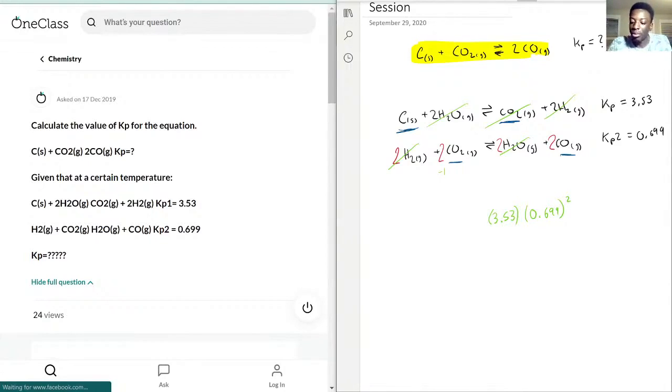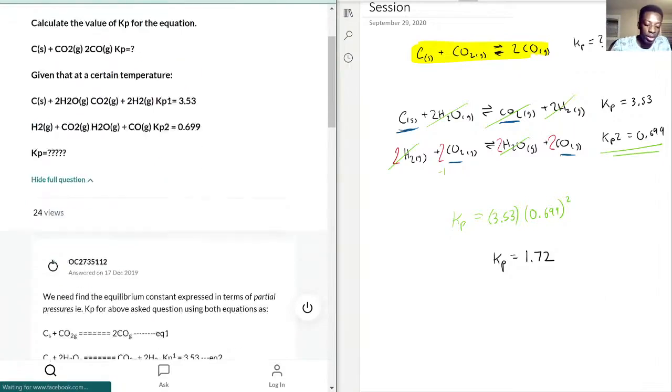So I hope you're following, because first we balanced out the equation, and based on the fact that we had to use 2 of them, we multiplied this Kp by itself, hence how we got the squared, and then we multiplied by the first formula since we still have to add that one in. So overall, this is going to be our equation to find Kp. And when you plug that into a calculator, what you get at the end is that Kp is equal to 1.72, and that would be our Kp for today.